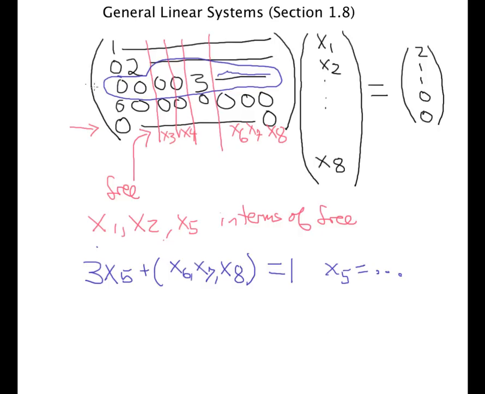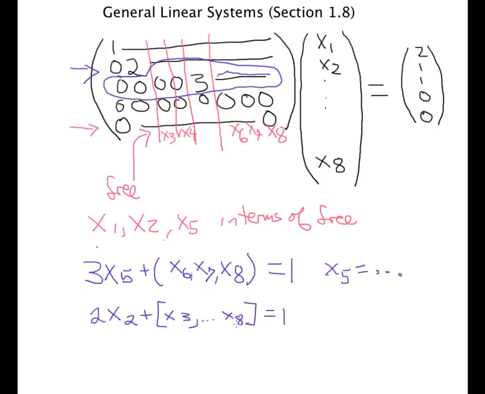And then similarly, when you look at this line here, you get 2x2 plus all of the remaining variables, something involving x3 through x8, and you set that equal to 1.